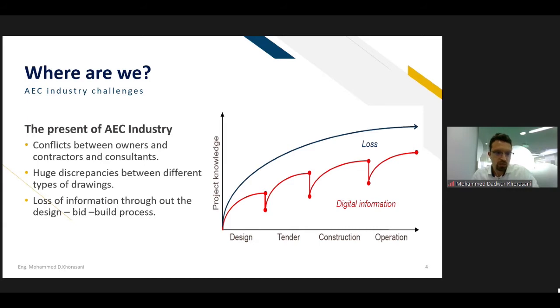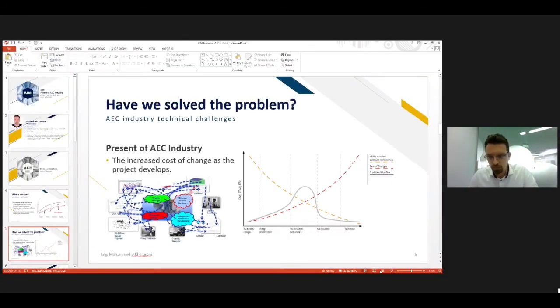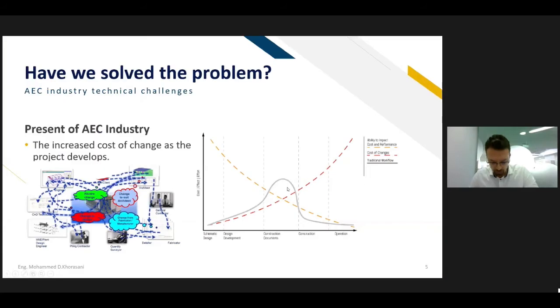In the conventional way of delivering the project, the relationship between the stakeholders is quite inconsistent, and sometimes it will be very tedious to trace where a decision was made and what it impacted.